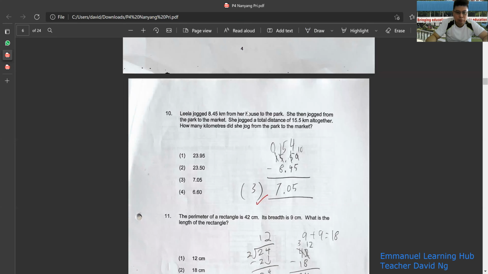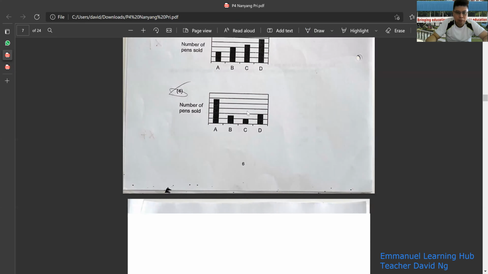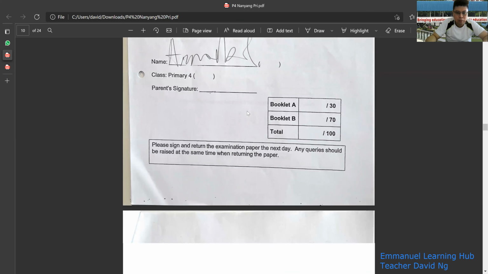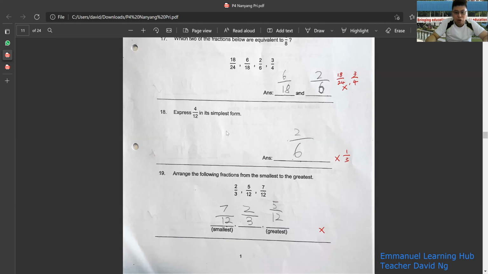Question 18, this is your paper. You just write 2 over 6. You didn't make it into the simplest form. When you see this kind of question, they ask you to put in the simplest form.